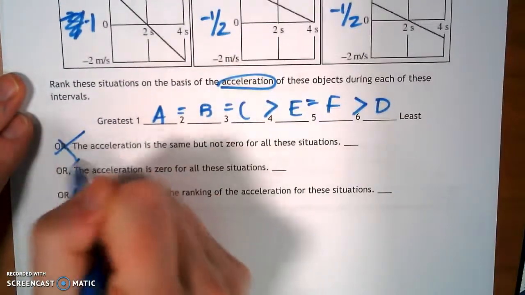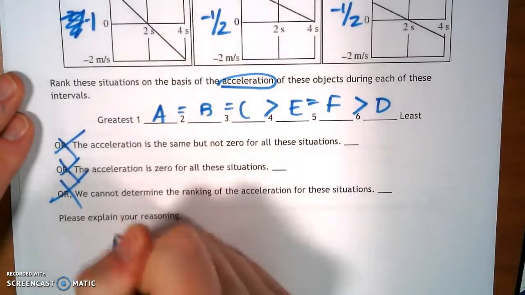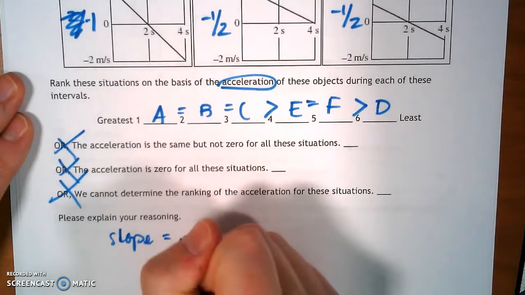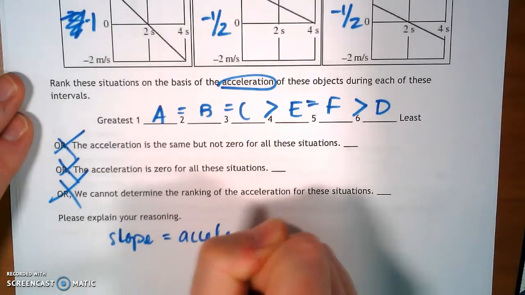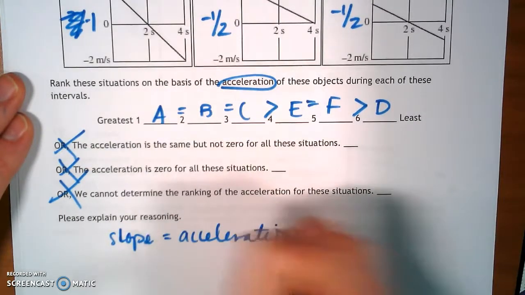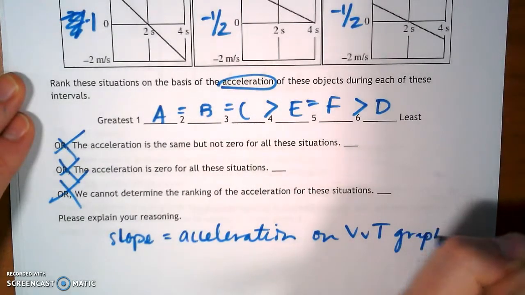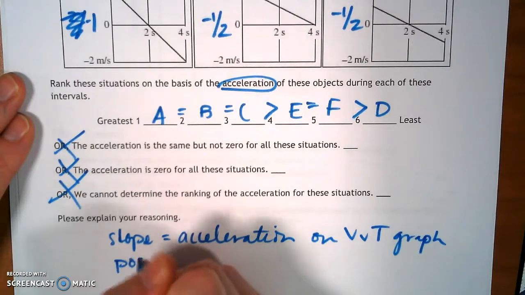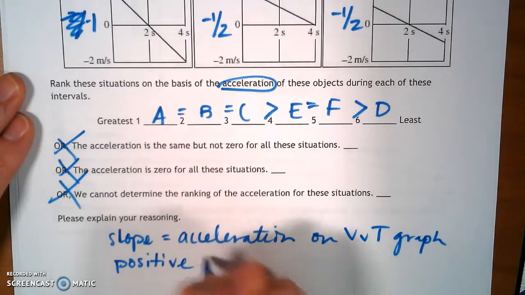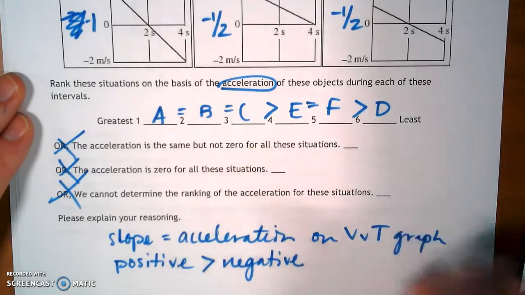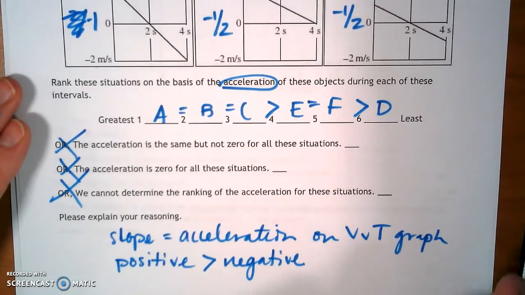So none of these options are correct. So your explanation needs to be about that the slope of a line tells us the acceleration on a velocity versus time graph, and that you have to include, it is important, that a positive number is always going to be greater than a negative number, unless we're thinking about just the magnitude.